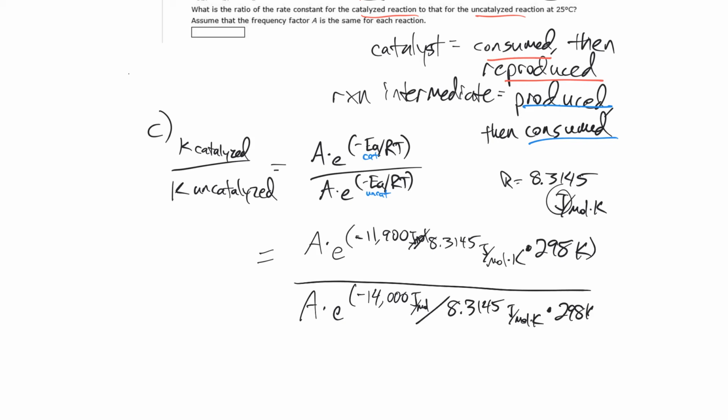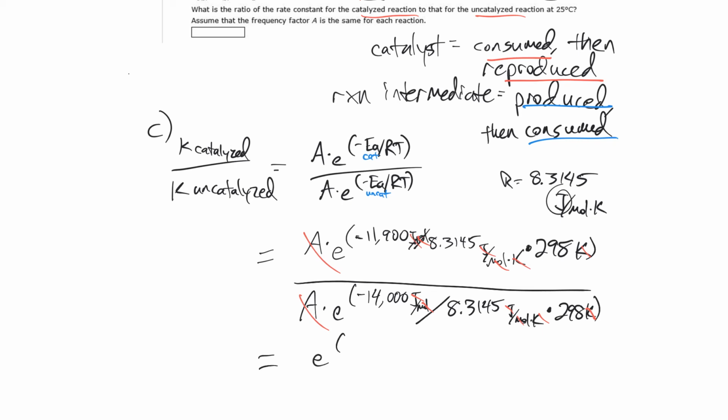If we look for units to cross out, we can cross out moles, joules, degrees Kelvin. Same thing here, moles, joules, degrees Kelvin. It all crosses out. And the other thing is you can cross out the frequency factor A. It's the same for both the catalyzed and uncatalyzed reaction.